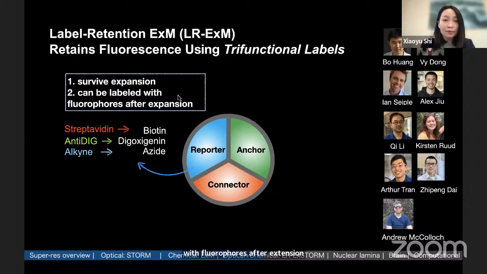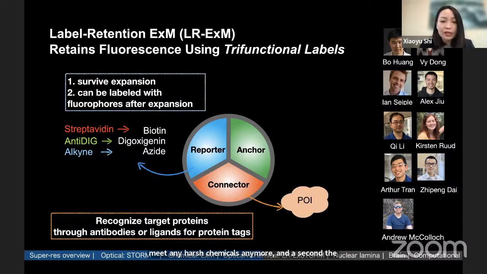So after all the label or organic dye damaging steps, you can safely introduce the fluorophores through these molecules' binding partners, for example, fluorescently labeled streptavidin that binds to the biotin in your trifunctional linker, to introduce the fluorophores at the very last step before you image. So your fluorophores don't meet any harsh chemicals anymore.